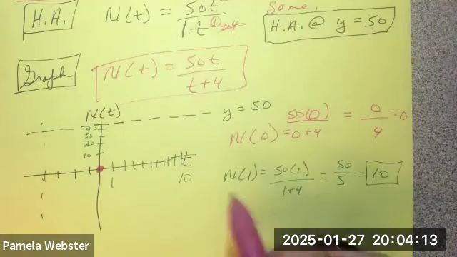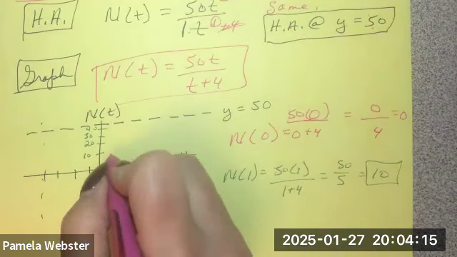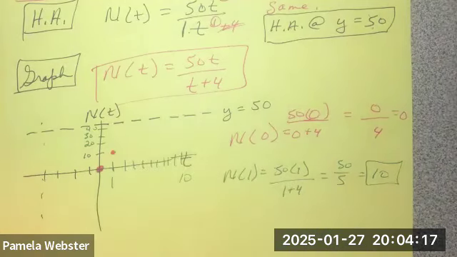So I've got the point. I put in t equals 1 day of training. I get out 10. So what does that tell me? After 1 day of training, if I went to this company, I would probably be able to make 10 components a day, right? That's pretty good. It's definitely better than 0. Okay. So for sure, the company should train their people at least 1 day, right?